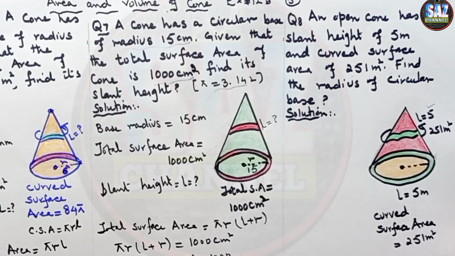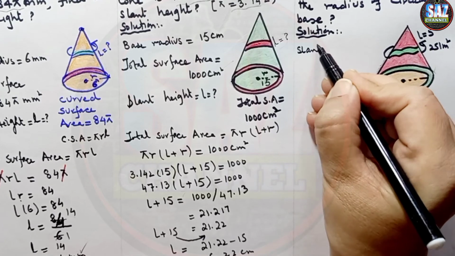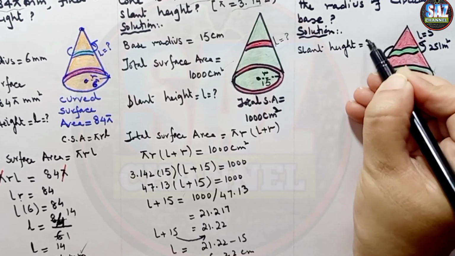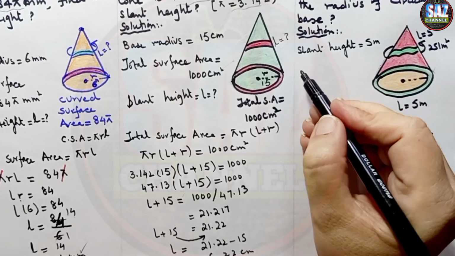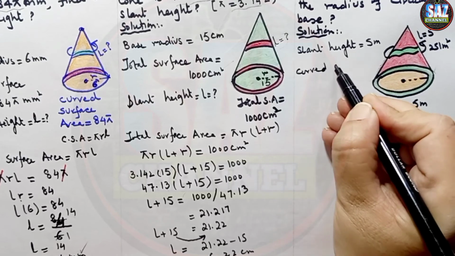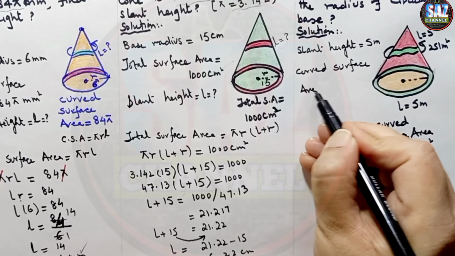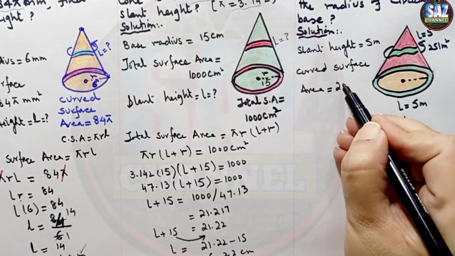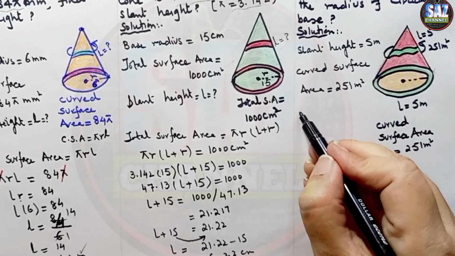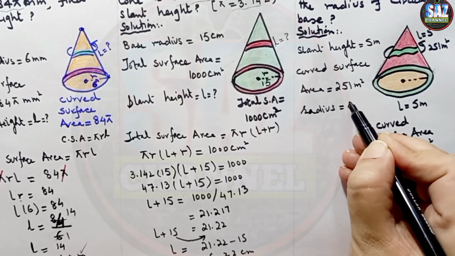Let's begin with the given information: slant height is 5 meters, and the other information is that the curved surface area is given as 251 meters square, and the requirement of the question is that the radius is unknown.